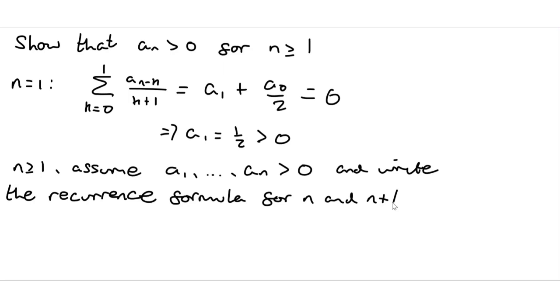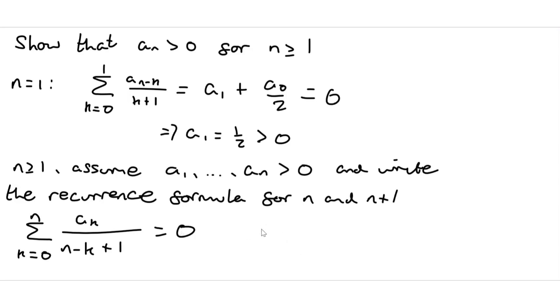Bit of a mouthful. Anyway, respectively, we're writing the one for n first: the sum from k equals 0 to n of a_k/(n-k+1) is equal to 0. Take a moment to convince yourself that that's the same as the relationship we were given before.